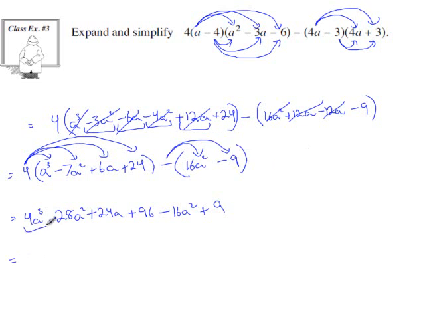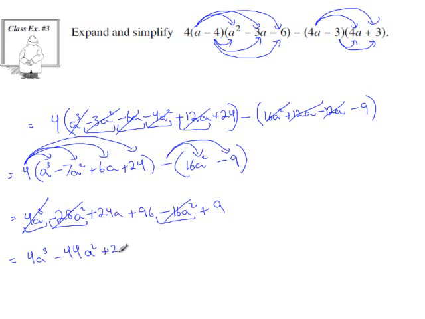So a cubed terms, I see a 4a cubed. A squared terms, I see negative 28a squared minus 16a squared. So negative 28 minus 16 is negative 44. So negative 44a squared. Your a terms, I just have 24a it looks like.